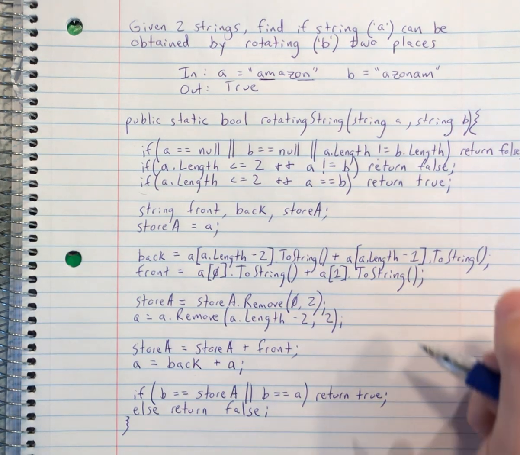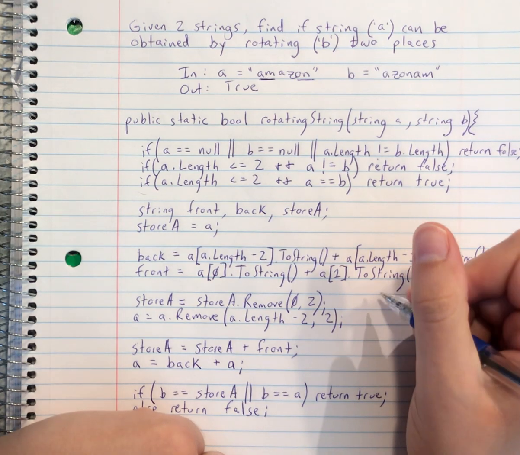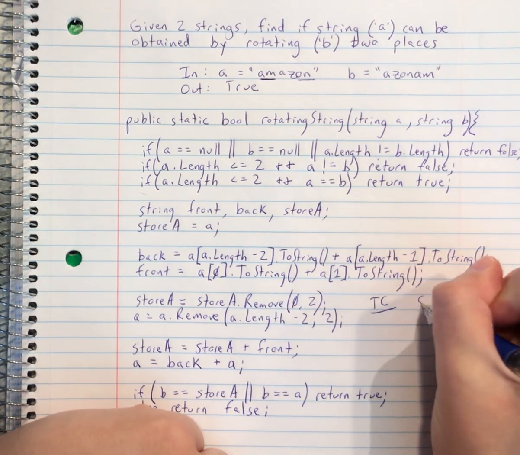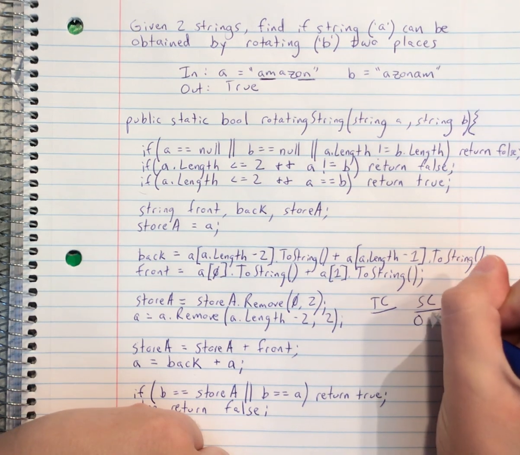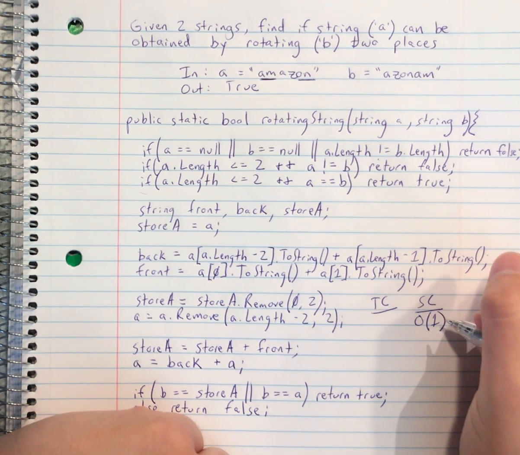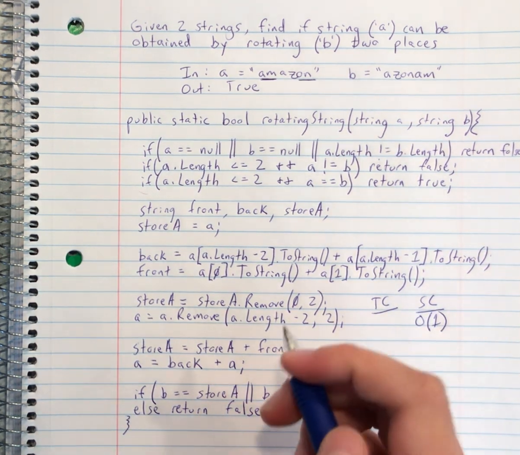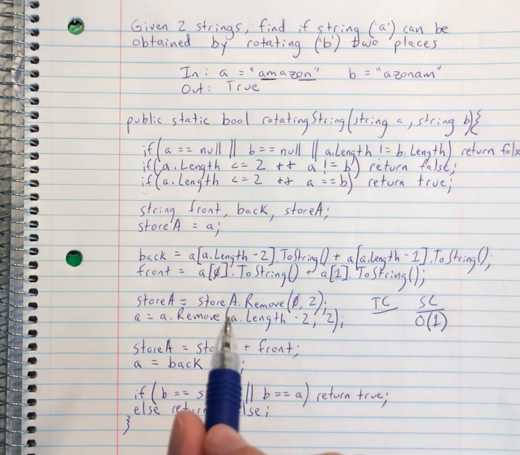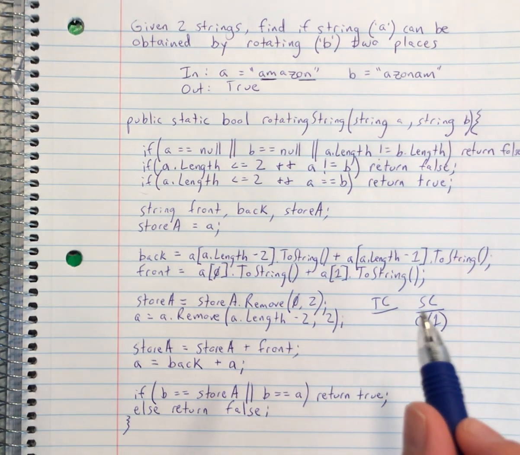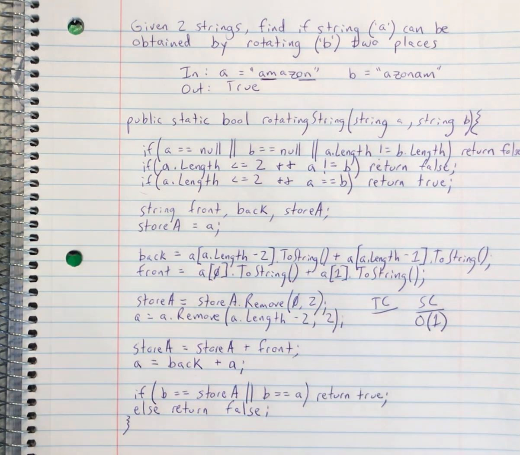So let's consider the time complexity and space complexity. Space complexity is constant, and the time complexity, so the only thing we're ever going to be doing is chopping off and appending two characters.